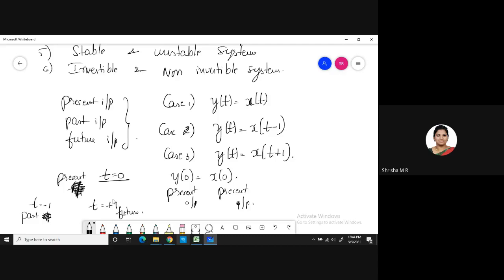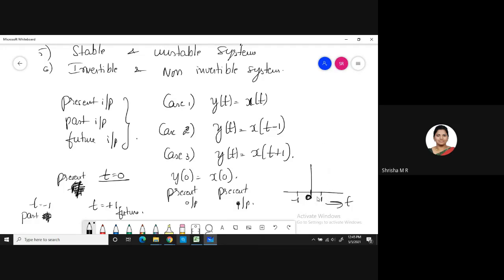This is the time axis: at time t equal to 0, this is -1, this is +1. If I take my reference as t equal to 0, then t equal to -1 would be past, this would be present, and t equal to +1 would be future.